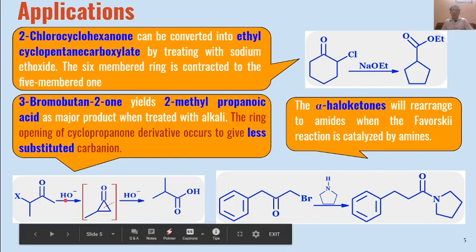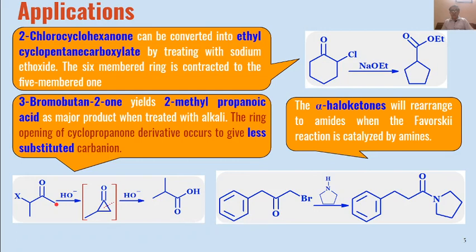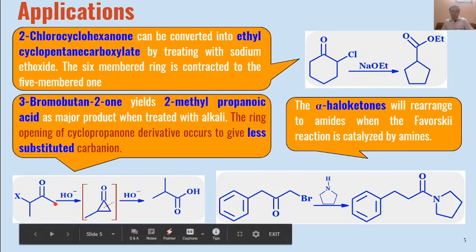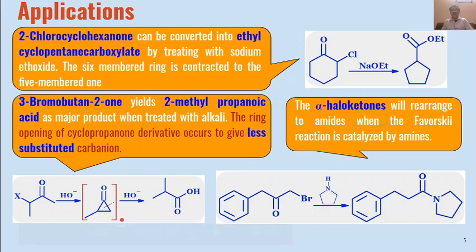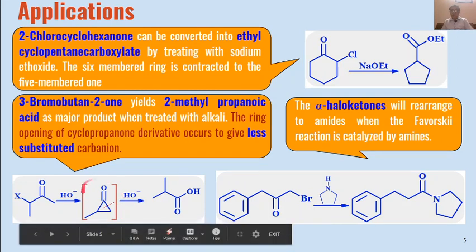So we can see over here when this hydroxide ion will abstract a proton from this alpha carbon in the first stage, then this carbanion will attack this carbon and bromide will be eliminated, and we will get this type of cyclopropanone derivative as the intermediate.